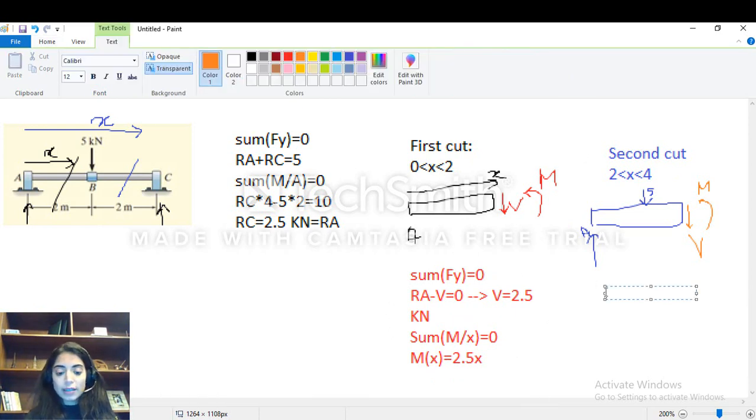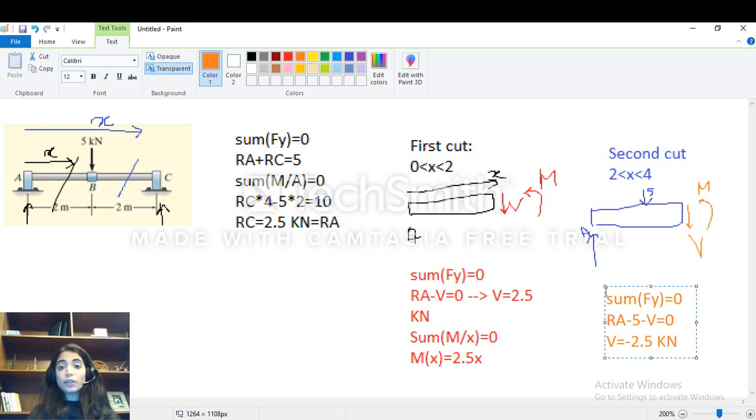So basically, guys, sum of Fy equal to 0 will give me that Ra minus 5 minus V is equal to 0, which means, since Ra is 2.5, 2.5 minus 5 is minus 2.5, equal to V, which means that V is equal to minus 2.5 kilonewton.